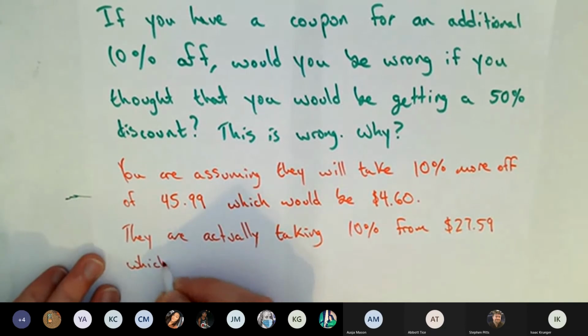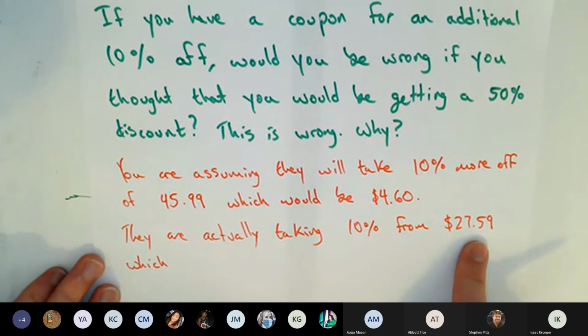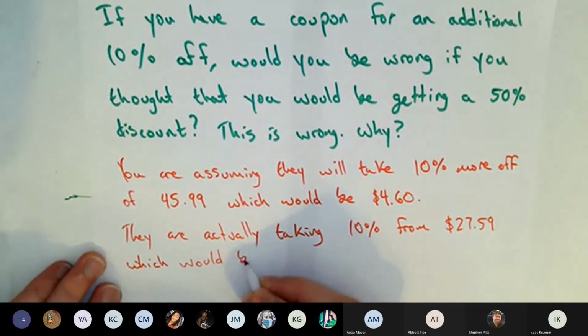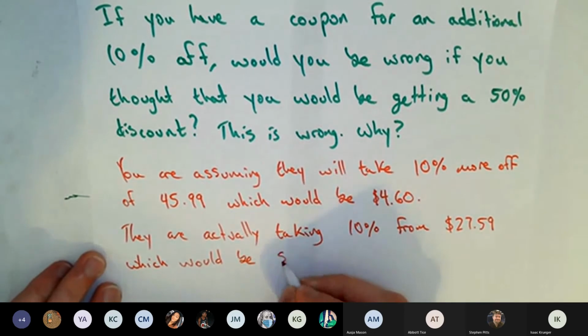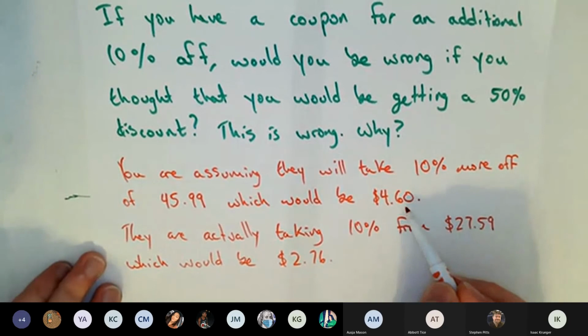And why does it matter? Well, that's a smaller number, right? So 10% off of that is going to be a smaller discount. I'll explicitly write it for you here, which would be 2.76. Look at that. Compare those discounts, right?